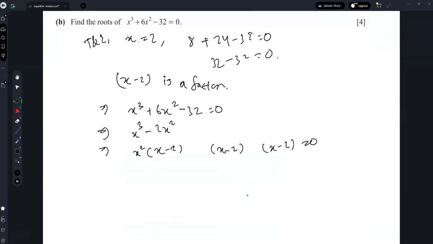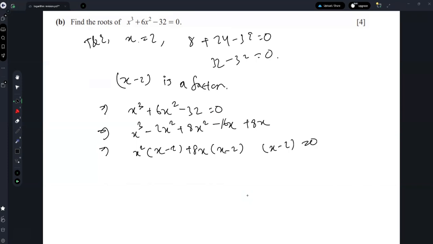We have 6x squared, so we need to add 8x squared here, so we get plus 8x squared. Then we don't have any x term, so we add 8x minus 16x, wait, that's 8x. That's going to be 8x squared minus 16x plus 16x.